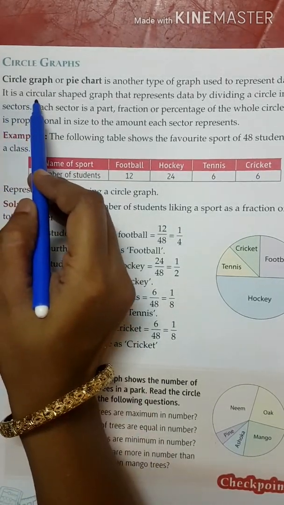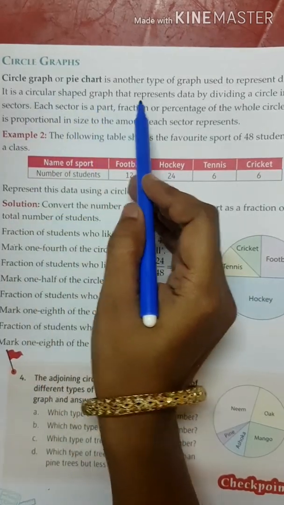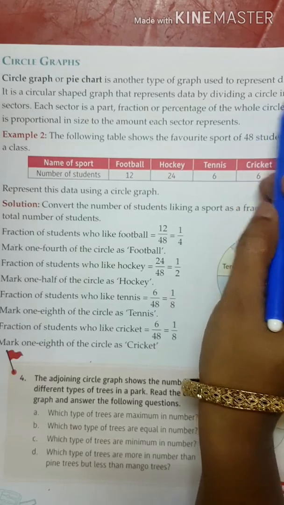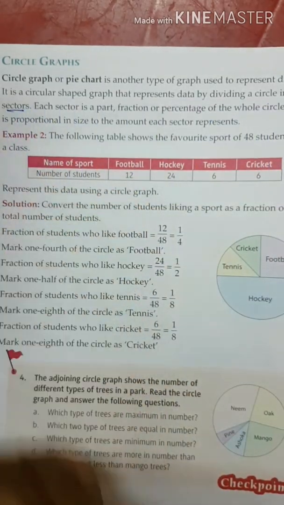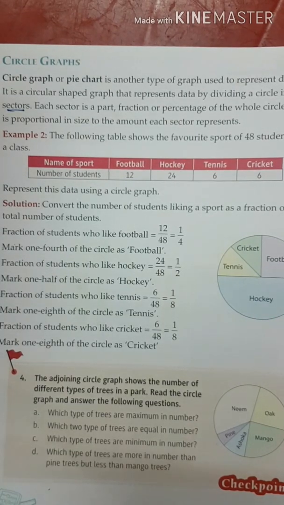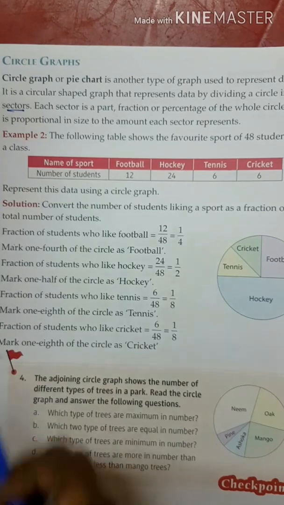It is a circular shaped graph that represents data by dividing a circle into sectors. So in this method we are representing the data by means of dividing the circle into sectors.